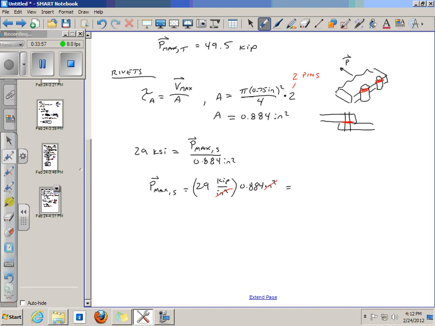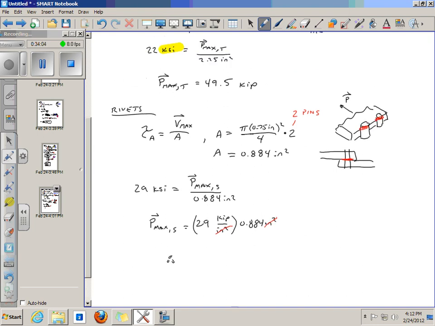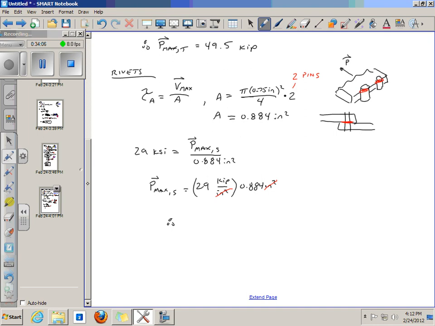Therefore, the maximum force I can apply, P, before I shear these pins, is equal to 25.6 kips.